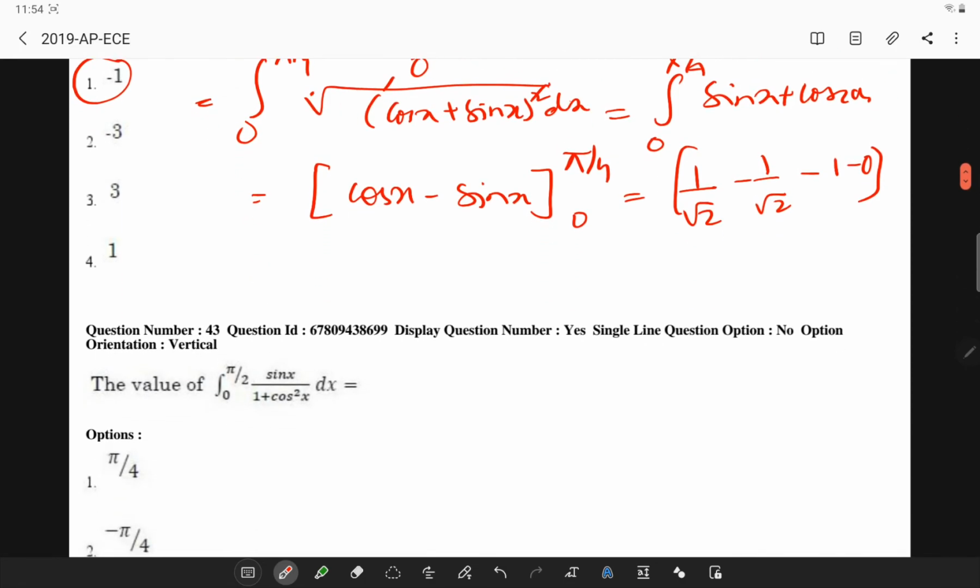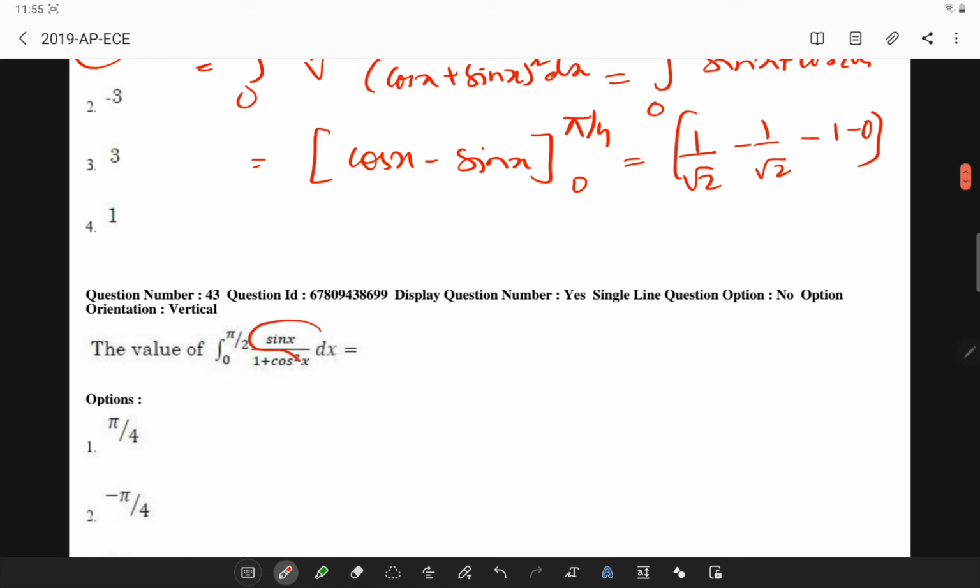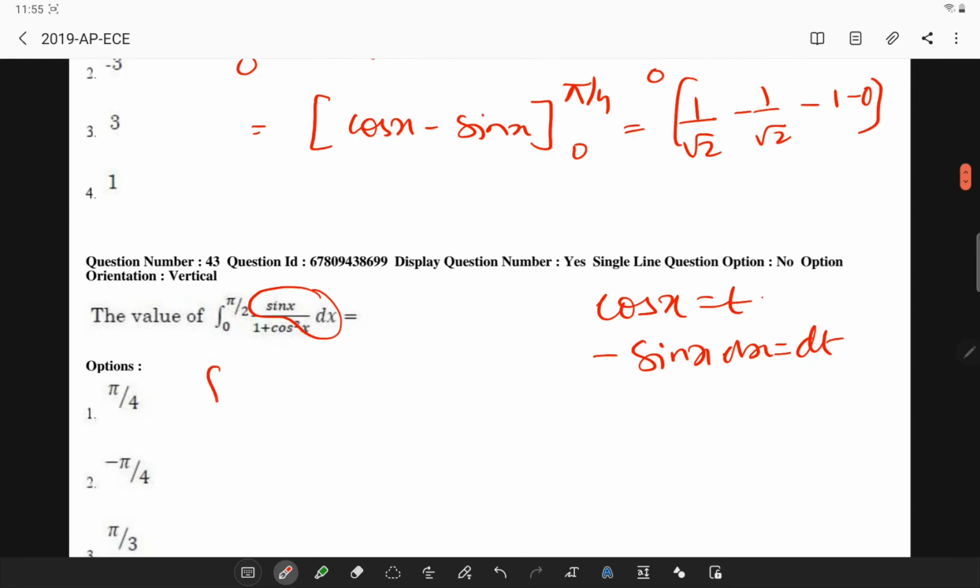So the next question is also a similar thing. By seeing this question, this has to become dt. So I'll start with the assumption cos x is equal to t and minus sin x dx is equal to dt. Therefore limits will be something like this, and immediately I have to substitute these values of the limits because it's an integration with definite integrals.